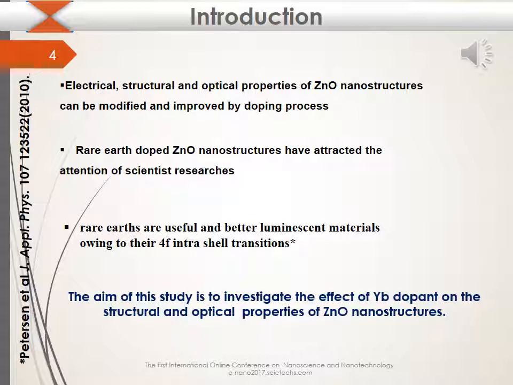But recently, rare earth doped zinc oxide has attracted the attention of scientific research because rare earths exhibit very good luminescent properties owing to their 4f intrashell transition. So, the fundamental aim of this current work is to investigate the effect of ytterbium on the structural and optical properties of zinc oxide nanostructures.